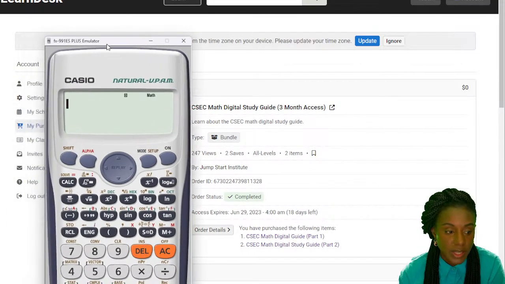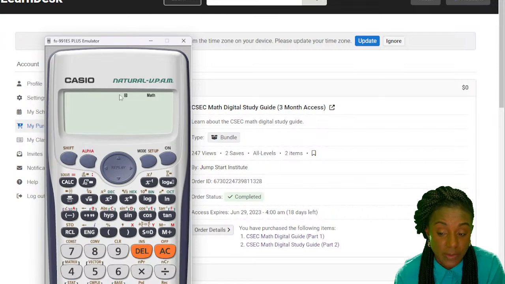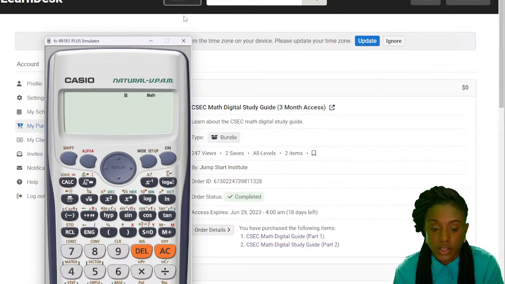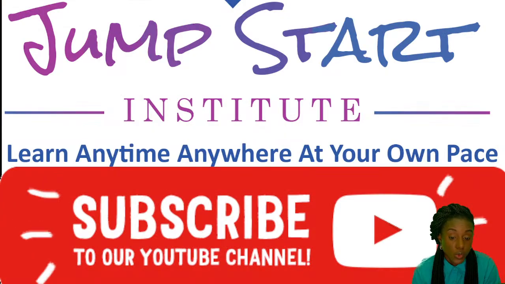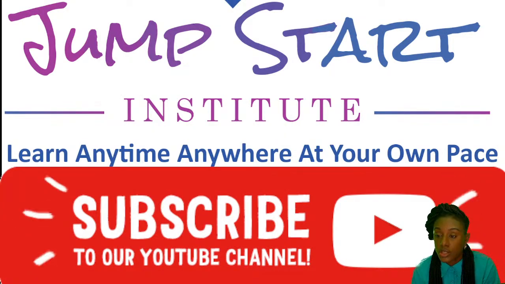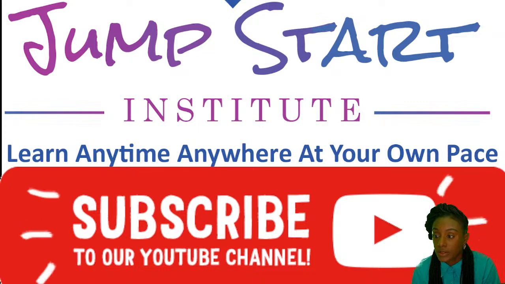Once you have your scientific calculator, if you look on my calculator here to the top, there's a little D. If there's an R, it means that your calculator is set in the wrong mode. You need to set your calculator in degree mode. If you do not know how to change it, if you do not see the little D, ask your math teacher and they can have a look at your calculator to assist you in changing the mode.